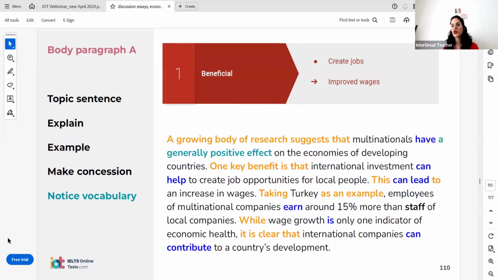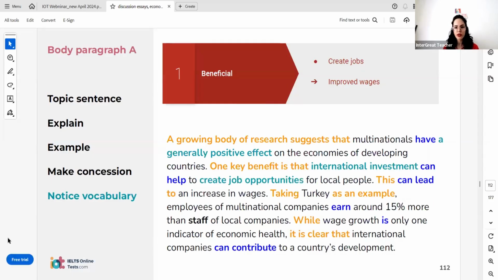Notice the vocabulary, which would be considered higher level: generally positive effect, collocation; international investment, collocation; create job opportunities, collocation; indicator of economic health, collocation. So this is a good paragraph and it has all the requirements of the first body paragraph that I introduced in the structure. That is topic sentence, explain, example, and concession. Okay.